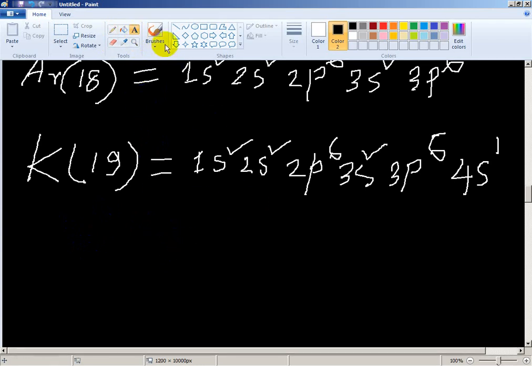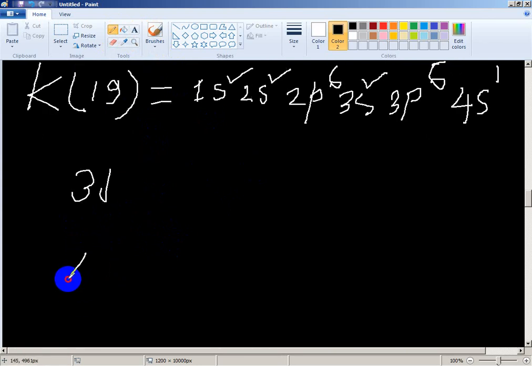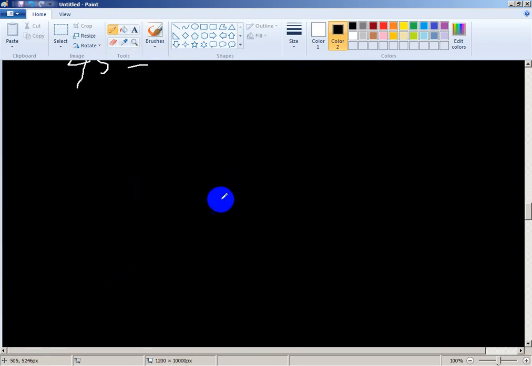So between 3d and 4s, which is the lower energy orbital? How can you calculate this energy? We can calculate the energy of electrons using the n plus l rule.